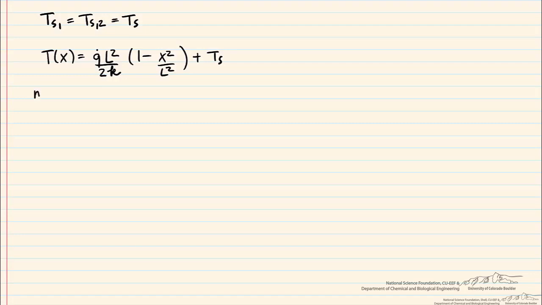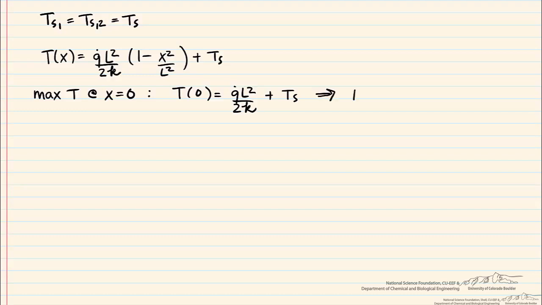We can find our maximum temperature, which is going to be at x equals 0, and that's going to be q dot L squared over 2k plus the surface temperature. And that allows us to find the surface temperature, Ts equals T0 minus q dot L squared over 2k.